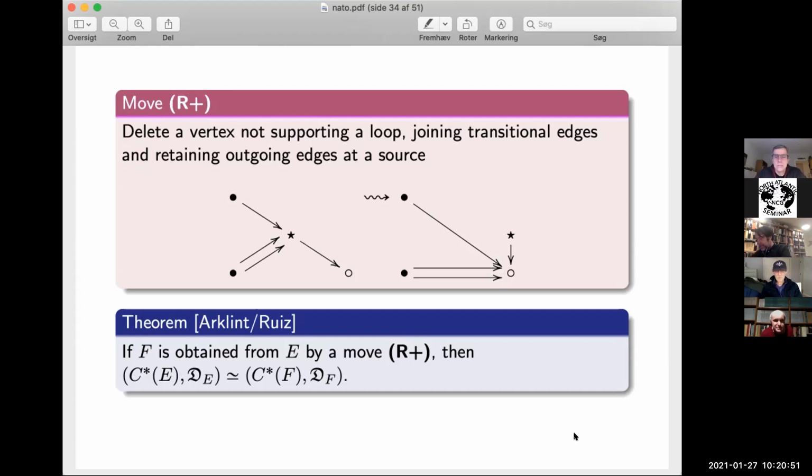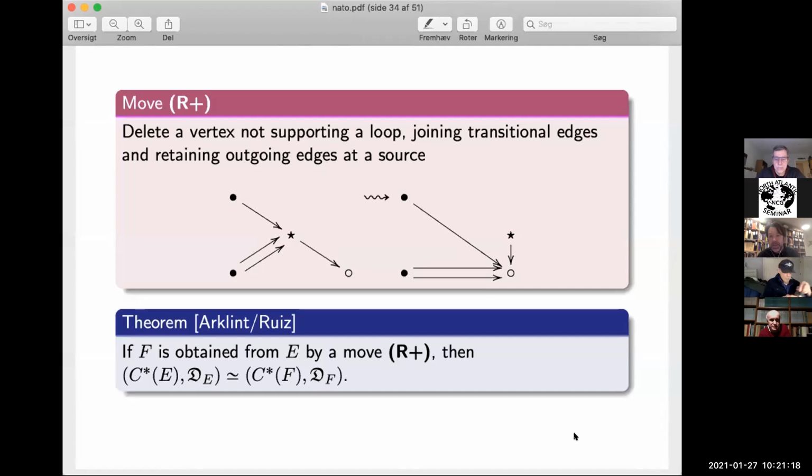Sorry, may I ask you a question? Roberto has a question. Yes. In this case, and also the one on the previous page, is this isomorphism explicit, concrete? Yes, they are. These are very concrete isomorphisms where you can describe them by sending generators to generators in extremely concrete ways.